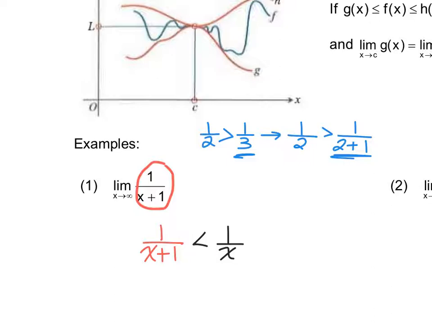The left-hand side's a little trickier because you might say, well, let me just go in the other direction, 1 over x plus 2, for example. And you could potentially do something like that because all you need is something that you know will be consistently smaller, right? The other idea is probably a little bit more universal, and I recommend going this way because it takes a little bit, or actually a lot of the thinking out of it.